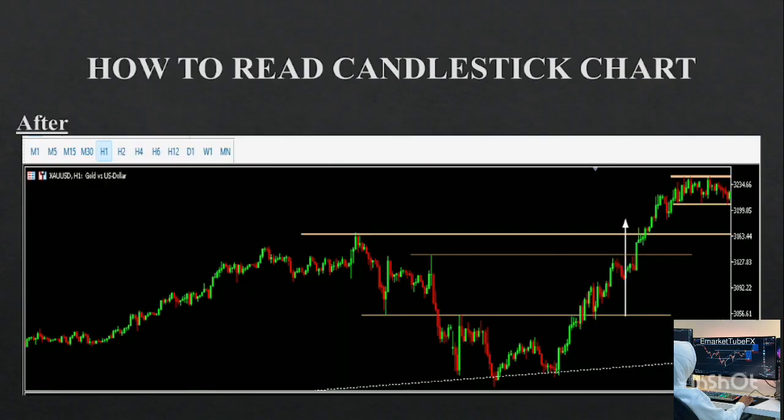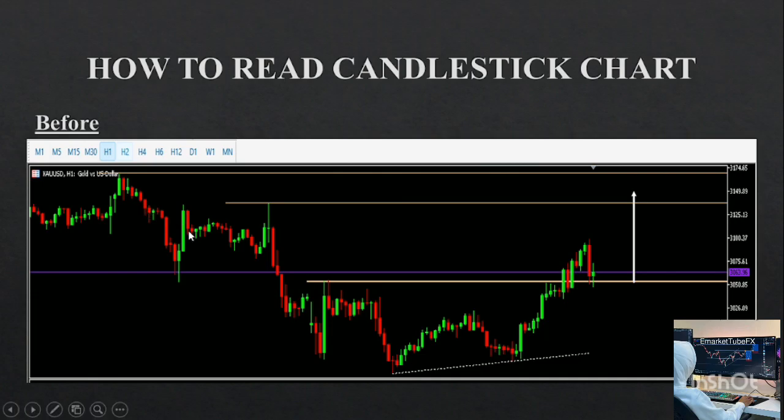Over here, the resistance and support lines that you see are for technical analysis, just taking notice of where price is reversing, where price is likely to move to, and when it has reversed at certain key levels.